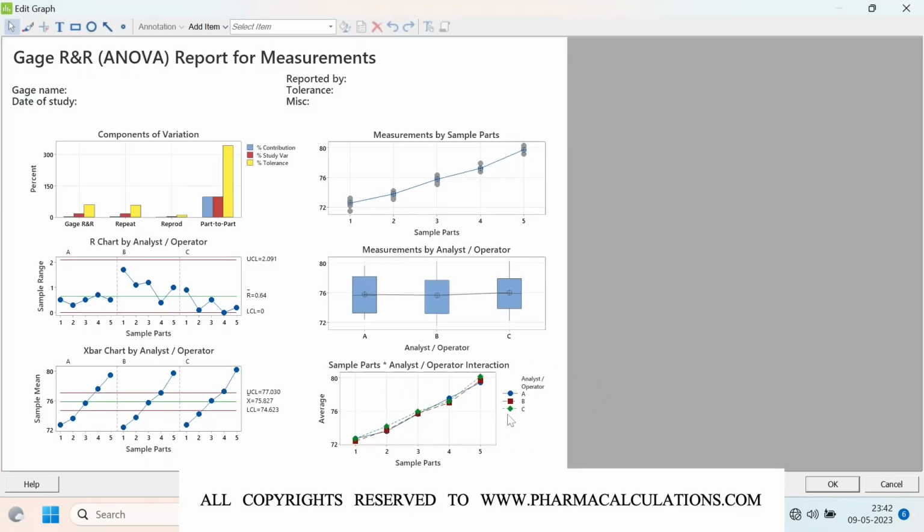So this graph represents that particular case where the p-value is almost 0.928. That means this particular interaction is not having any impact, so just neglect this. So this is how we are going to interpret the Gage R&R and how you are going to analyze the available measurement system and its applicability for analysis.